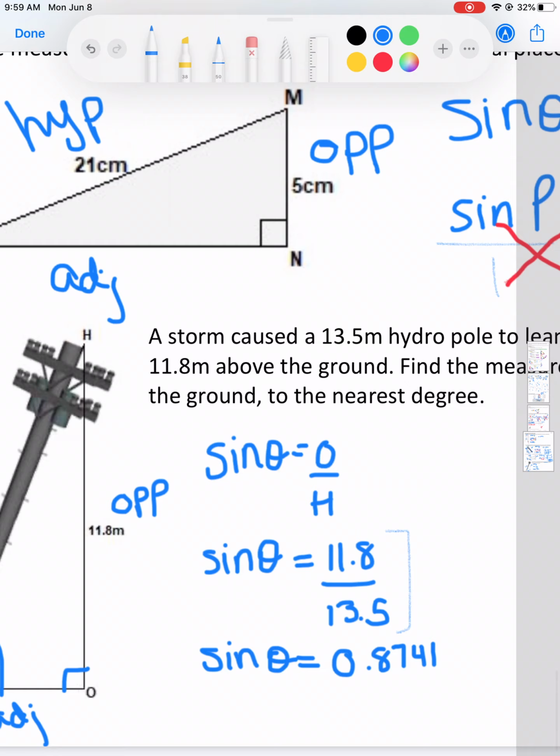Is theta by itself? Nope. What's attached to it? The sine. So I need to do the sine inverse. Sine to the minus 1 crosses those two out, which means it's going to be sine to the minus 1 and then our number.